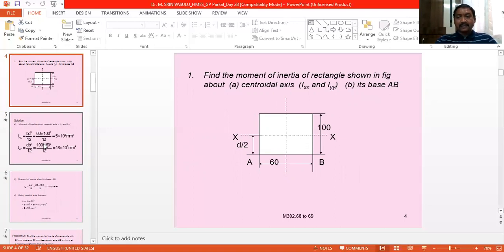For this, we have a direct formula, or we can also find the IAB value by using the IXX value plus the area multiplied by the square of the distance between the two axes, because AB and XX are parallel to each other and separated by a distance D equal to 100 by 2, that is 50. So by using the parallel axis theorem also, we can find the moment of inertia about AB, that is IAB. So both ways we will compare.